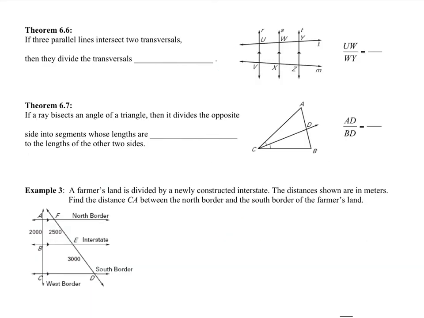Theorem 6.6 states that if three parallel lines intersect two transversals, so the three parallel lines here are R, S, T, and the two transversals are L and M, then they divide the transversals proportionally.